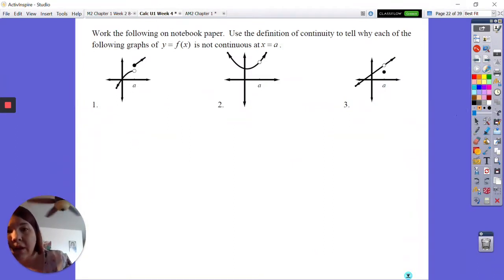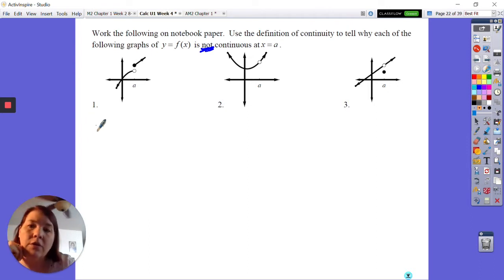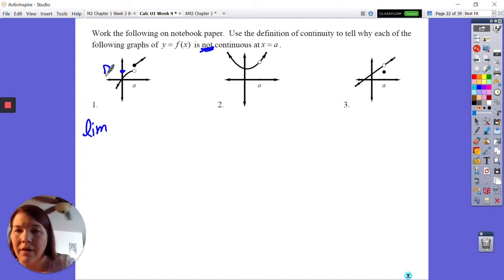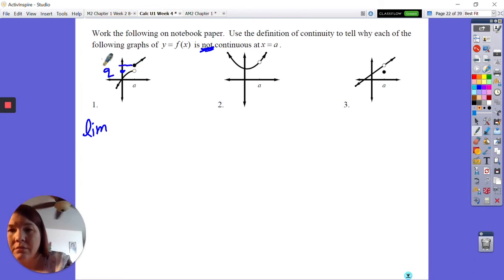So in this first one, it is not continuous because we're trying to show it's not continuous. With this first one, number 1, I'm going to call this one q, and the top one p, for lack of better names.